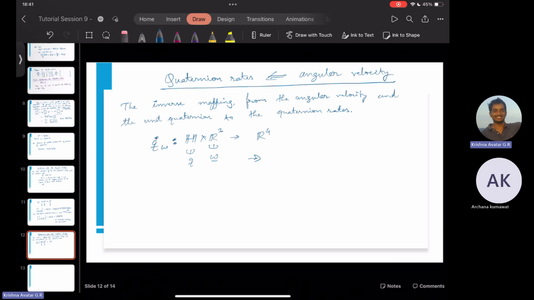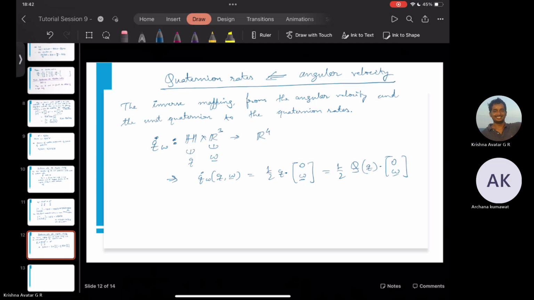So this could be written as Q dot omega is a function of Q comma omega vector. Now this is equal to half of Q times 0 omega, where omega is a vector here. So we could write this as a matrix vector product, right? So the corresponding quaternion matrix times 0 omega. Omega is a vector here.